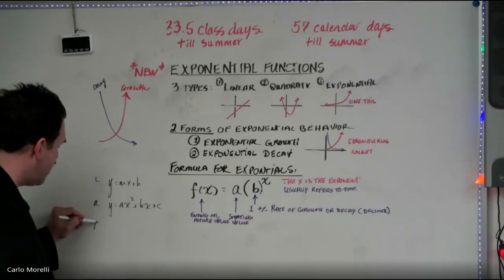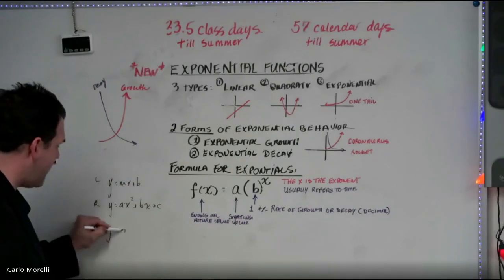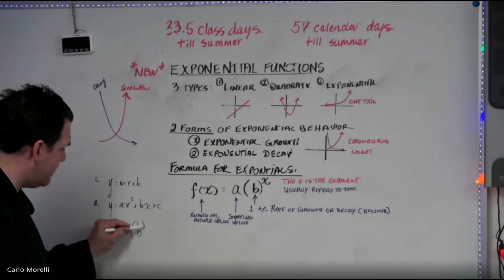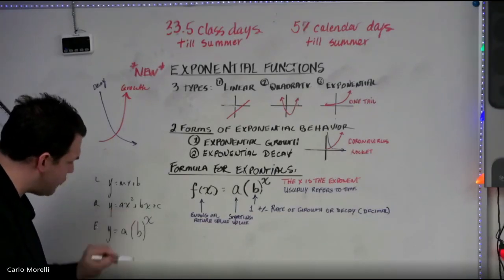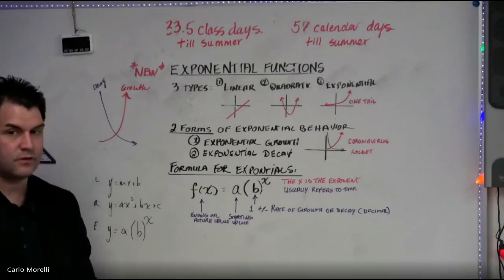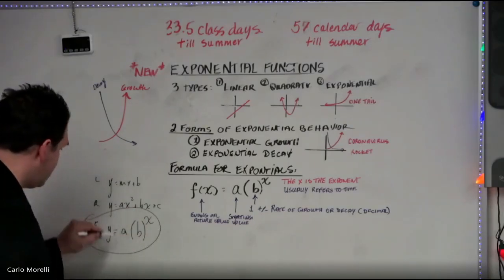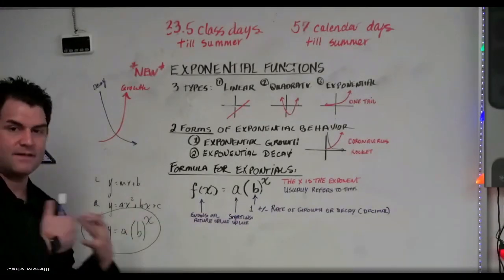And exponential, it's y equals a, open parentheses, b, close parentheses, and then up in the exponent section is where the x goes. So make sure you write down this formula. So you know here we're using y and f of x interchangeably.